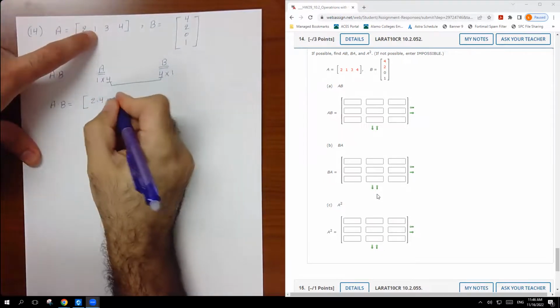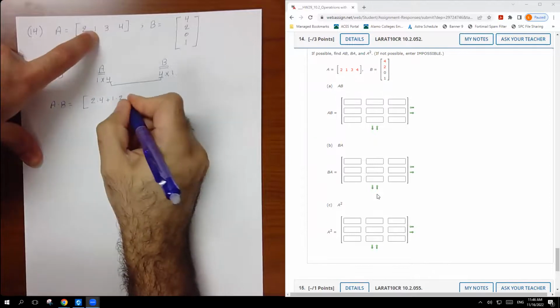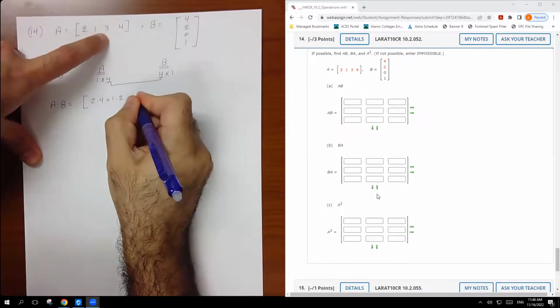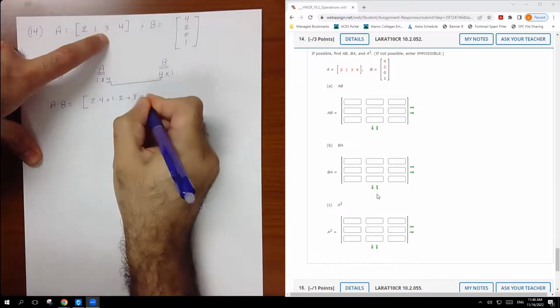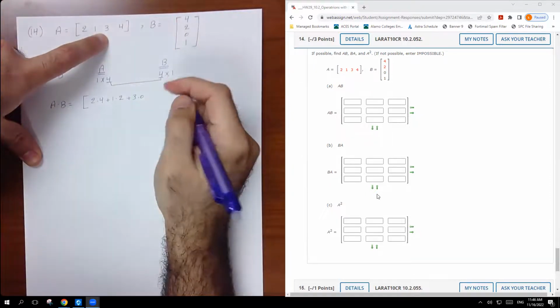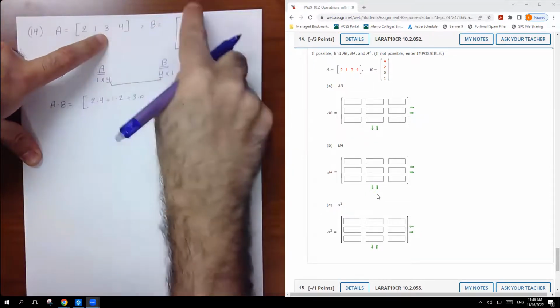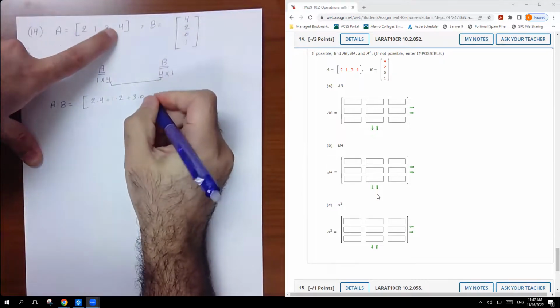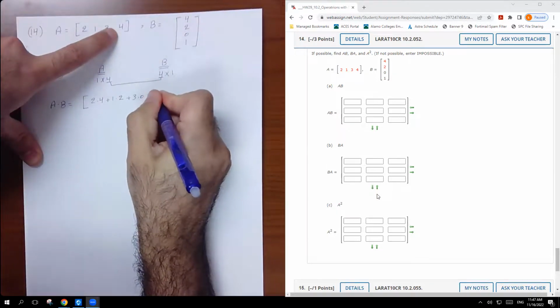plus 1 times 2 plus 3 times 0, because I'm multiplying the first row with the first column. And it's only 1 row and 1 column. And here's going to be 4 times 1.